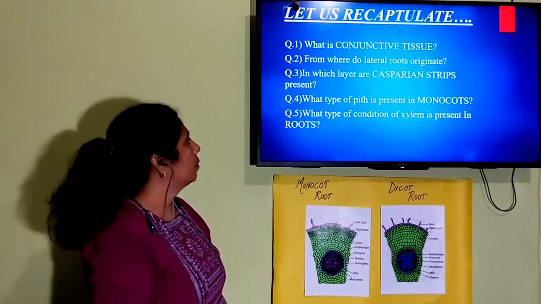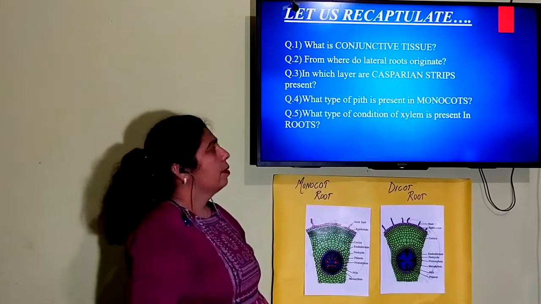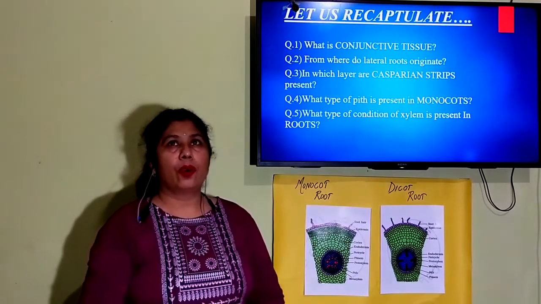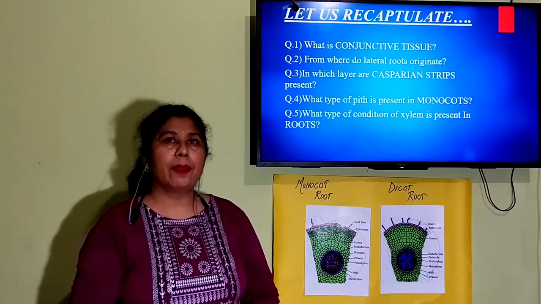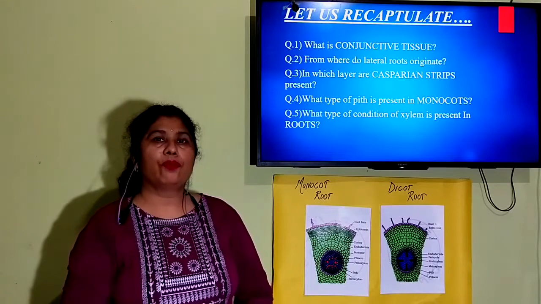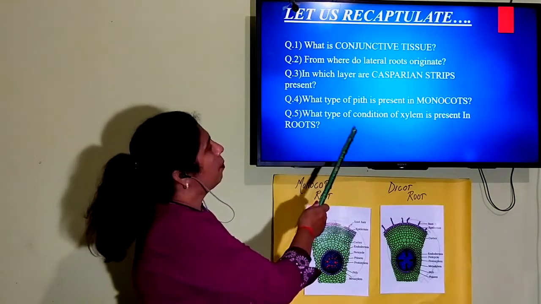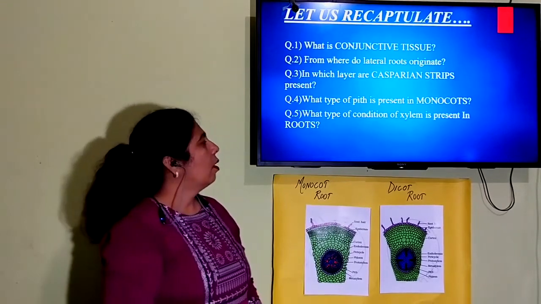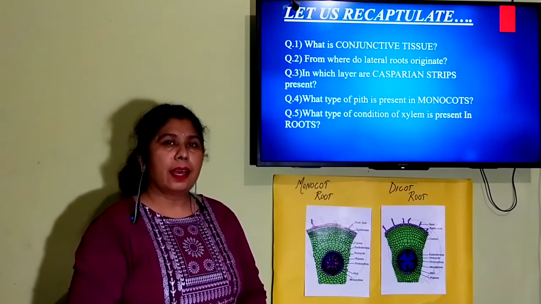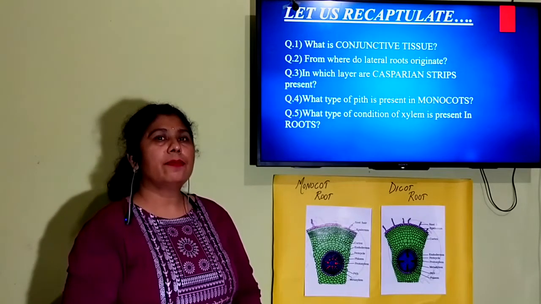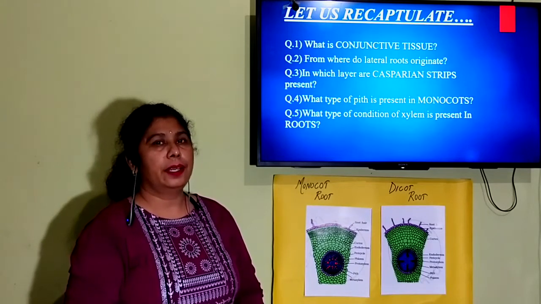Endodermis. Question number 4: what type of pith is present in the monocots? It's larger, made up of parenchymatous cells. It stores food. Question number 5: what type of condition of xylem is present in the roots? It's exarch condition. Protoxylem towards outside, metaxylem towards inside.